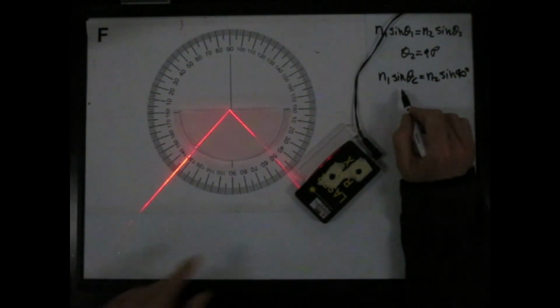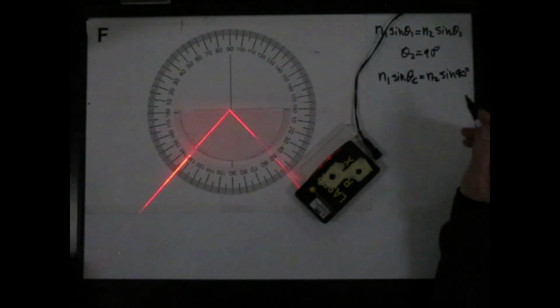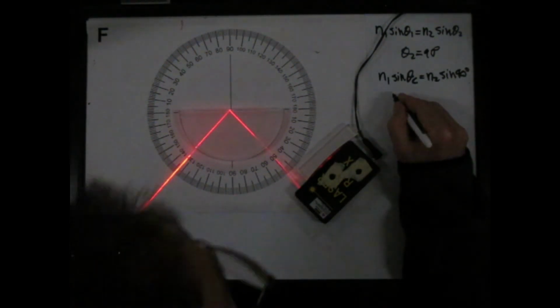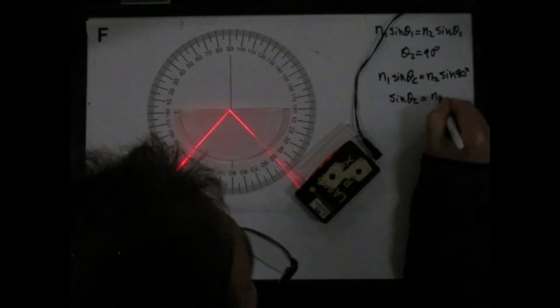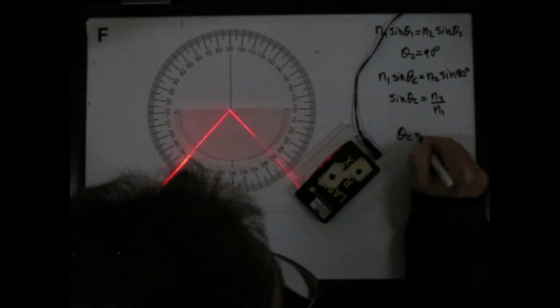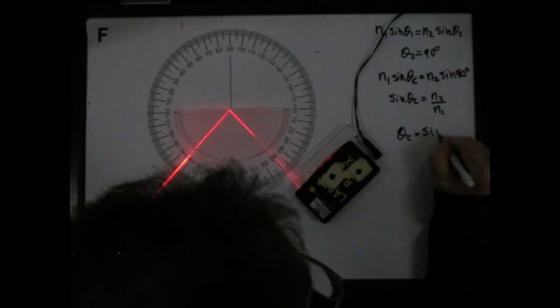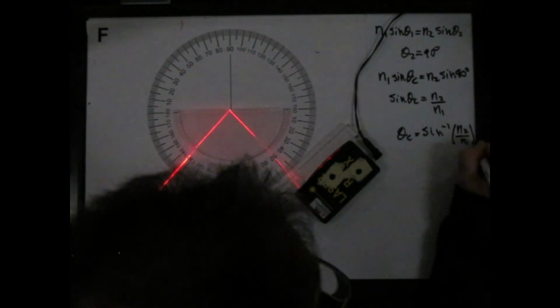And so this would say, look, n1 times the critical angle. This is to say, if I go anywhere past the critical angle, then I get total internal reflection. And so this says sine of theta critical is equal to n2 over n1, or theta critical is equal to the sine inverse of n2 over n1. Right?